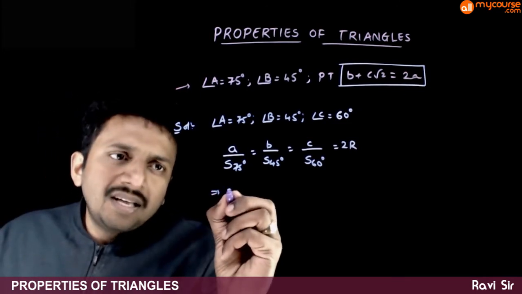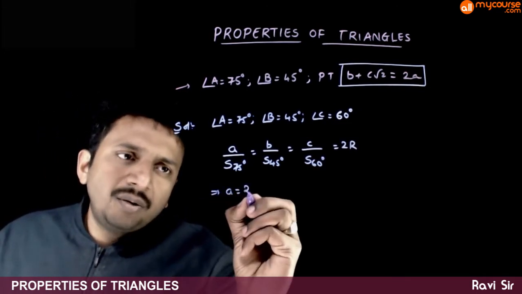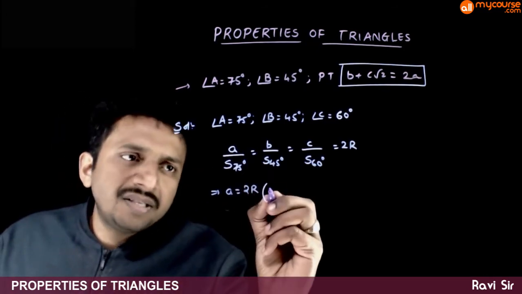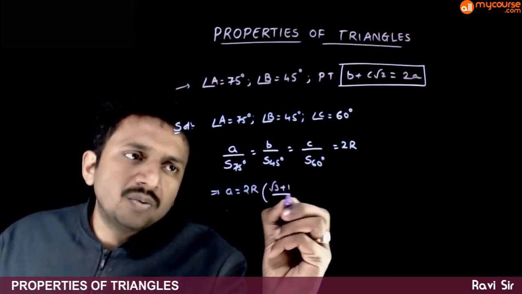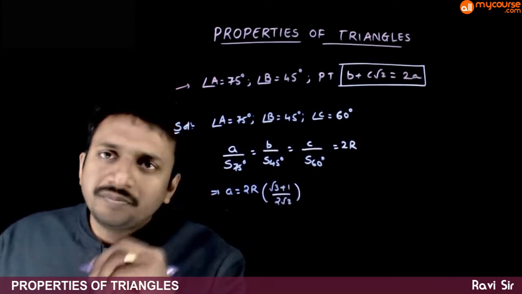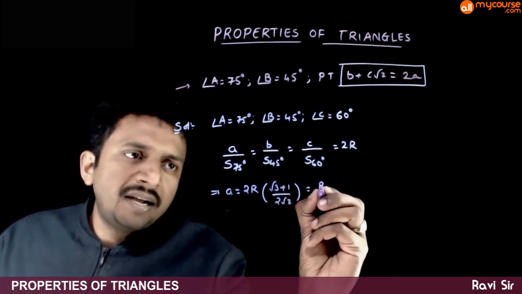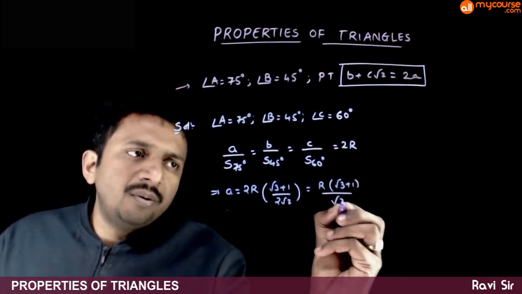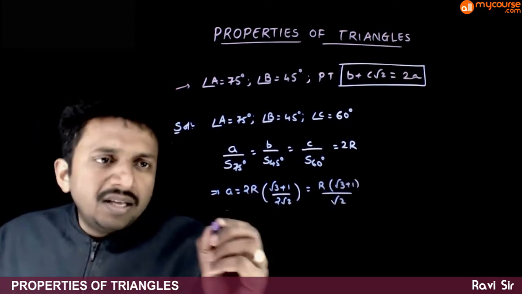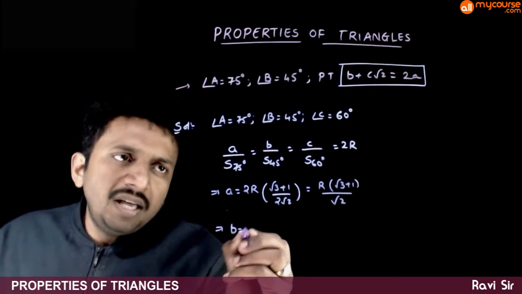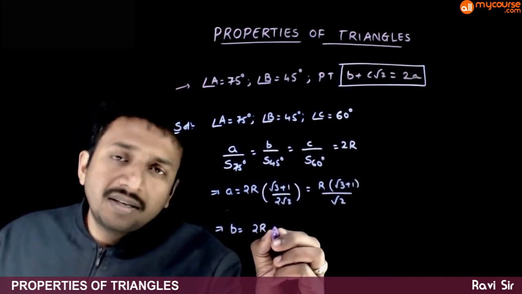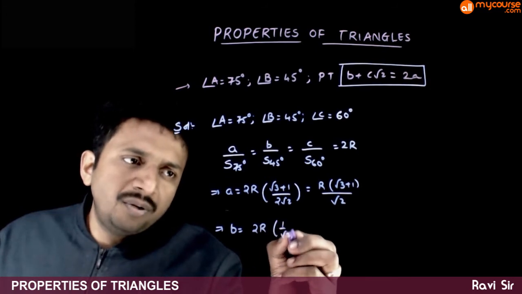This implies a is of the form 2R sine 75 degrees. Sine 75 is nothing but root 3 plus 1 by 2 root 2. That is equal to R times root 3 plus 1 by root 2. Next, b is of the form 2R sine 45 degrees. Sine 45 is 1 by root 2.